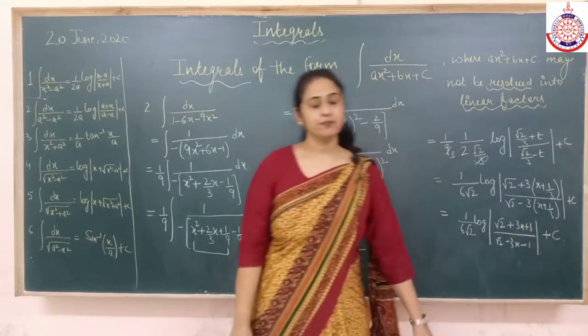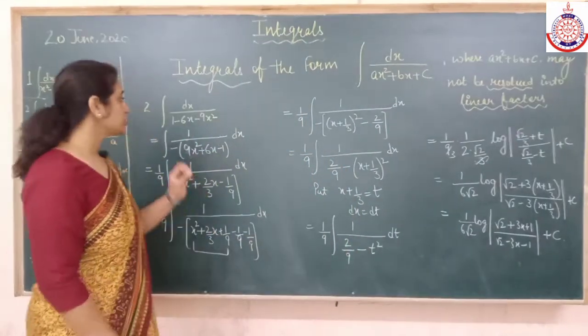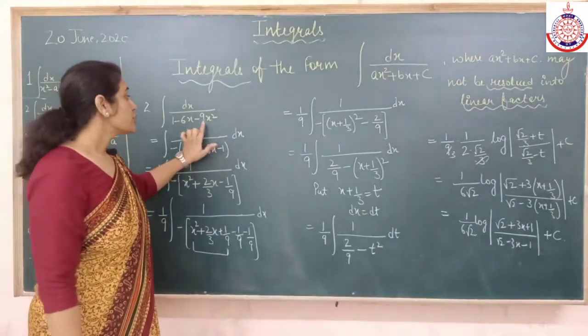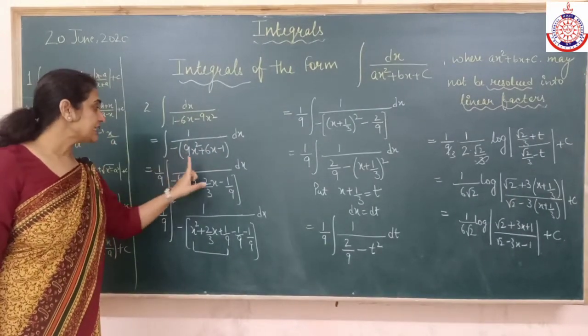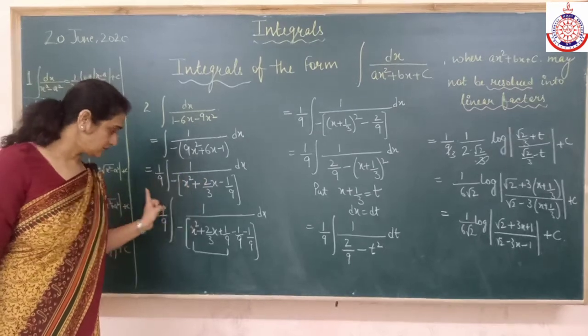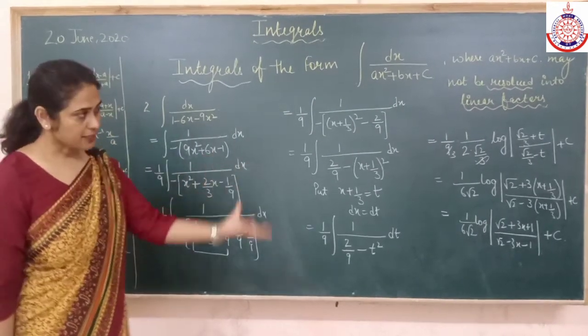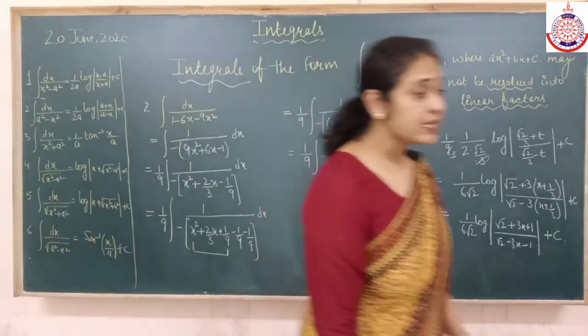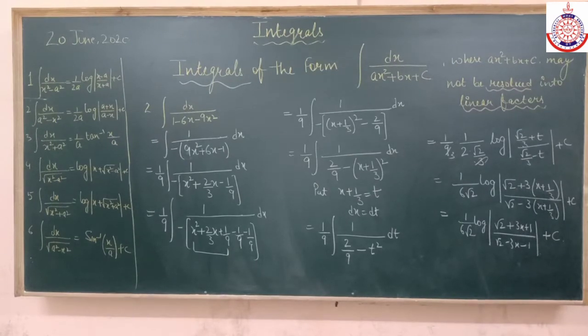So that. Is it clear? So steps you need to remember, the coefficient of x square should be 1. So if there is a negative, first of all you just take a negative out. Then make it as 1, as we did in the previous example also. Perfect square, substitute and then solve. It will fall in one of the formulas and accordingly we will apply the integration.